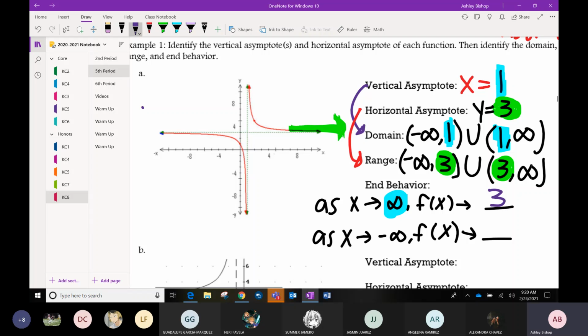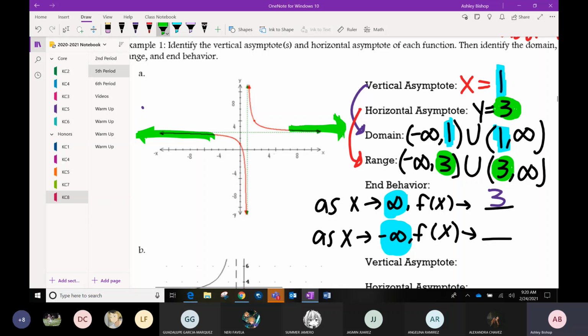All right. What are the ends of your graphs doing? Same thing here. As x approaches negative infinity, that says what is the left side of your graph doing? Well, the left side of my graph is going to a y value of also 3.